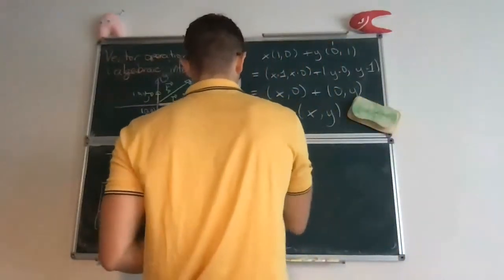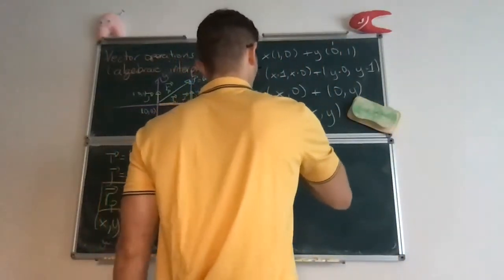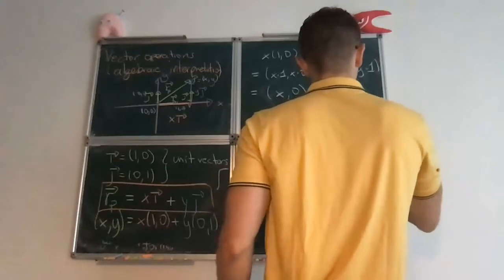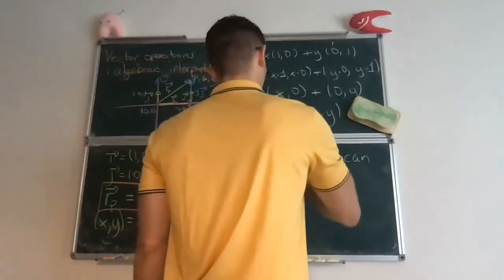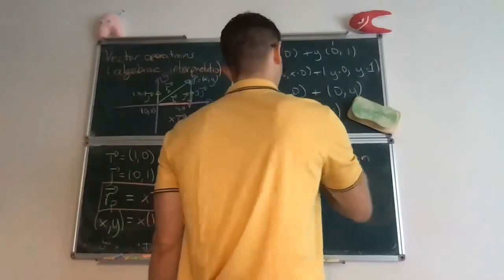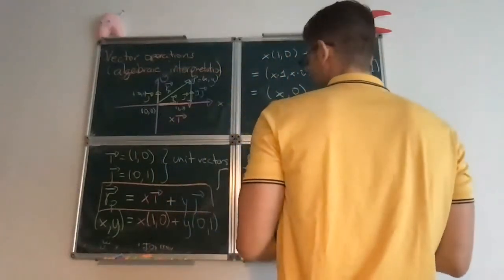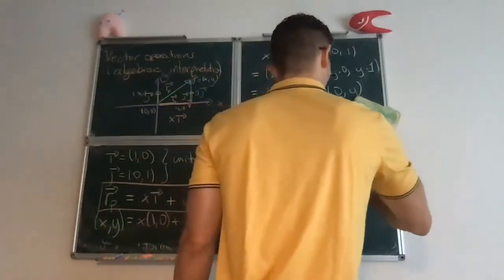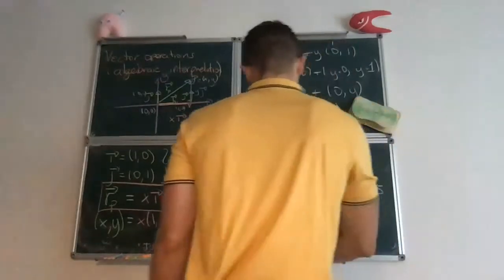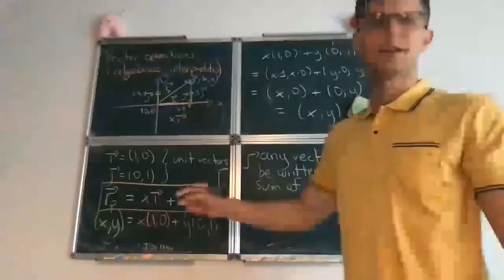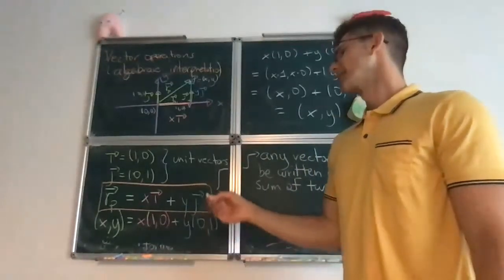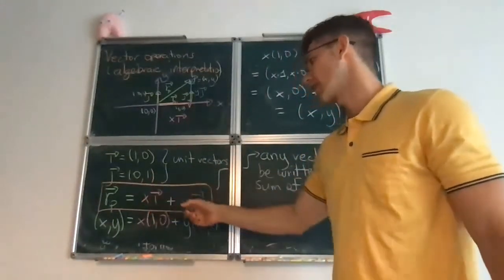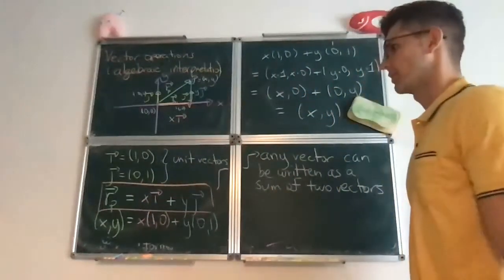So any vector can be written as a sum of two vectors. And if you take linear algebra, what you would actually say is that this vector has been written as a linear combination of the vectors i and j, but we won't use that terminology.